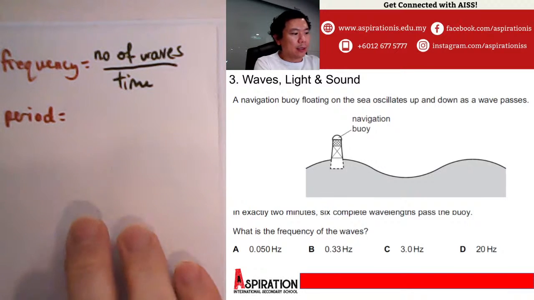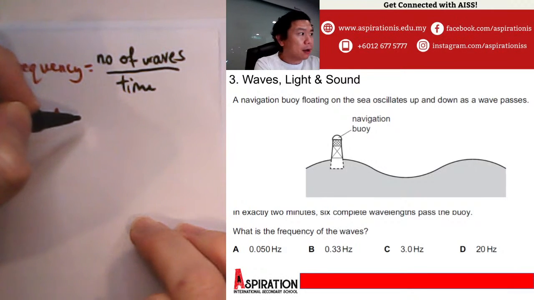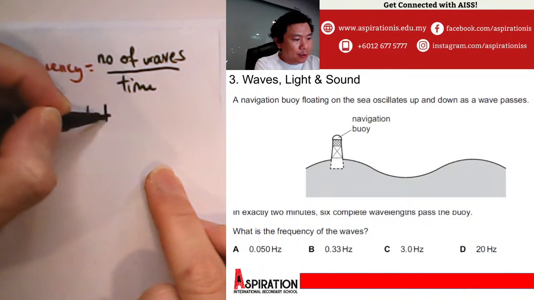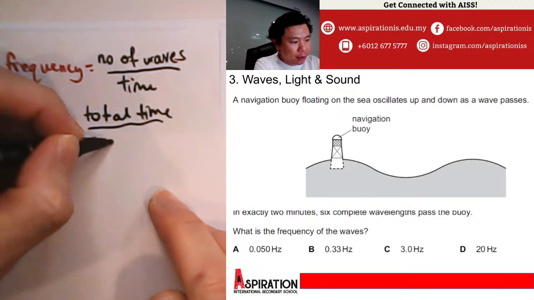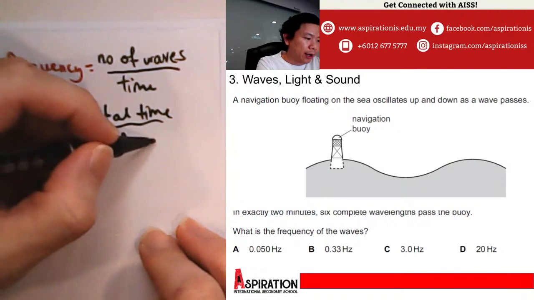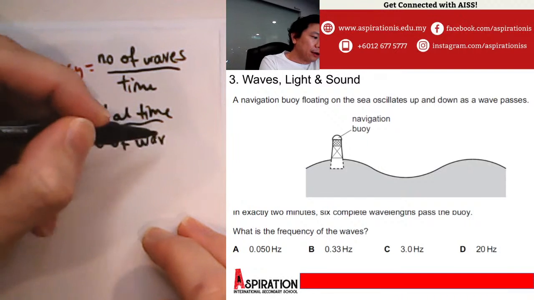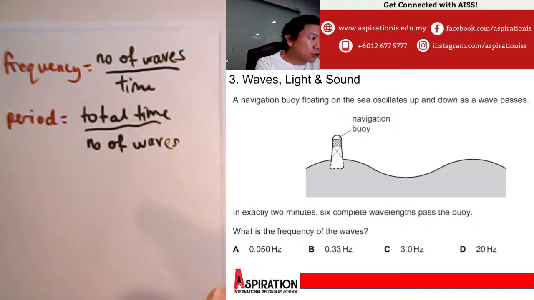Well, it is actually the time for one wave. All right, so it's the total time divided by the number of waves. Correct. Yes. So I would like to bring this to your attention.